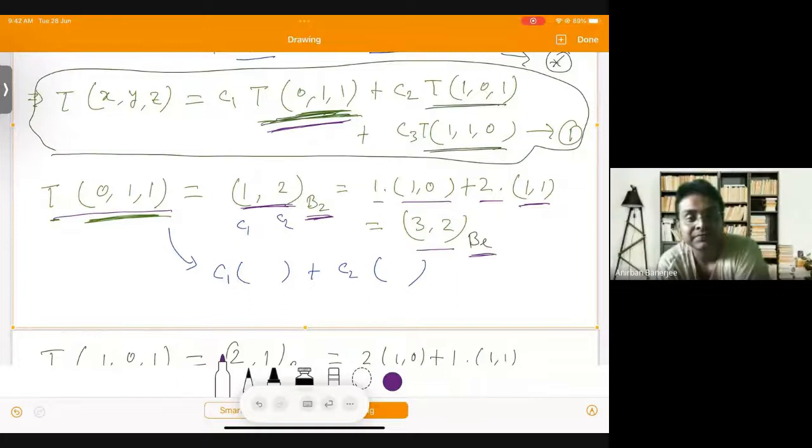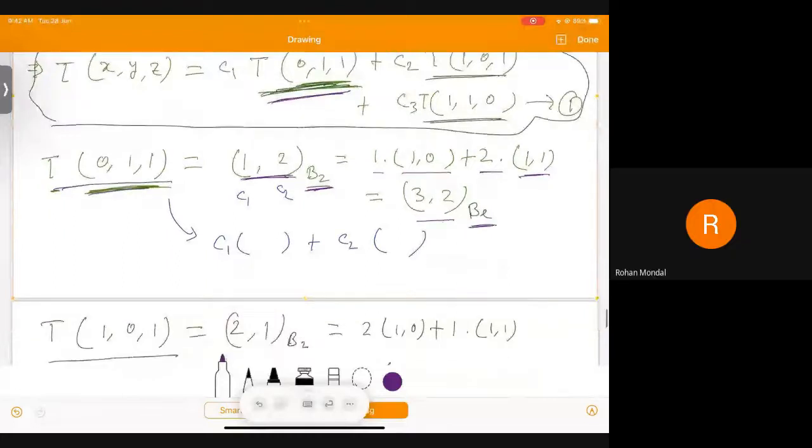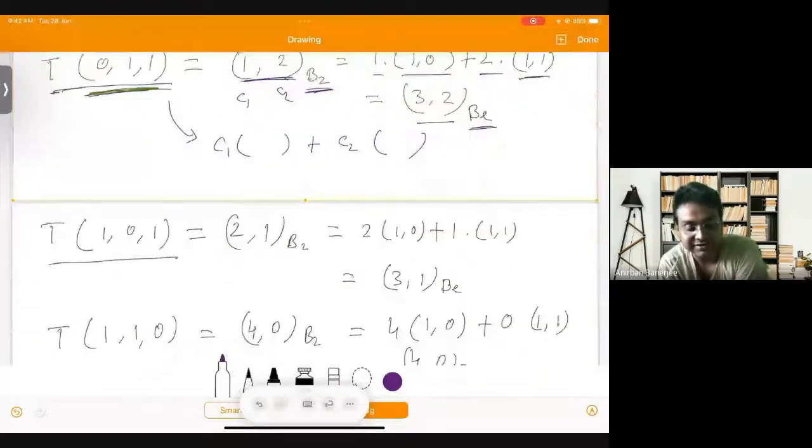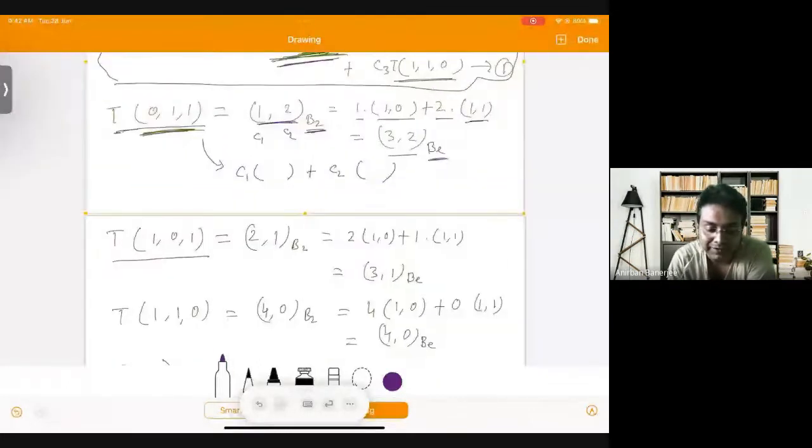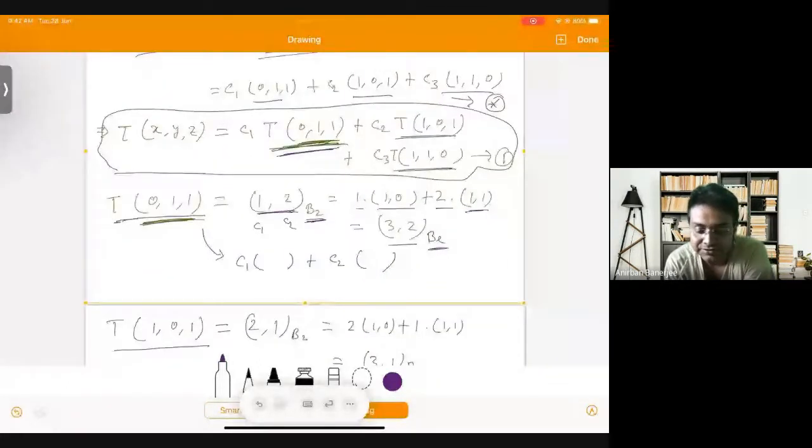So now we know that if we apply that linear transformation, it will give us this vector (3, 2) with respect to the standard basis, and we figure it out for the other 3 vectors in B3. Now we apply this into equation 1.